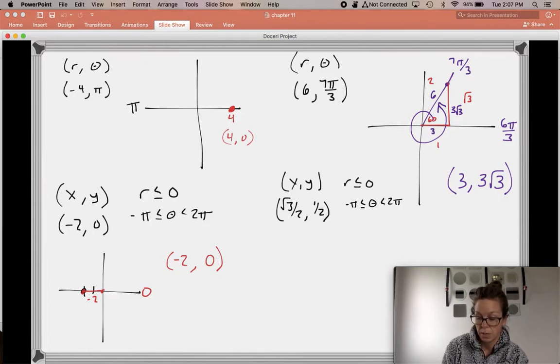Okay, so I'm going to start by plotting that point. So x is positive square root of 3 over 2, and y is a positive 1/2. All right, so now I have my point defined out here.